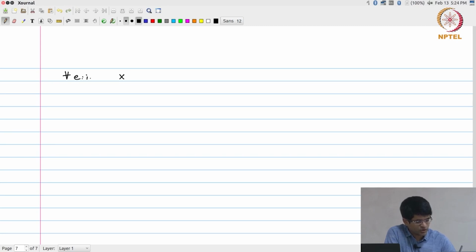Let's say the edge goes from some node i to j. Then xj must be greater than or equal to xi plus di minus nij times t, where nij is the number of token delays present on the edge between i and j.